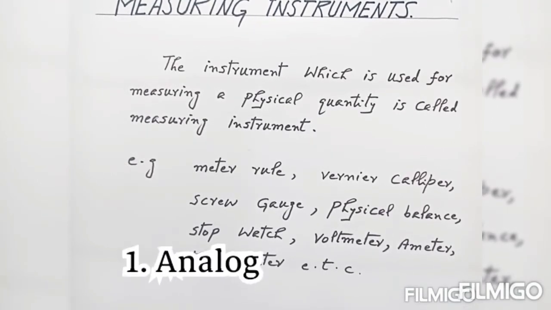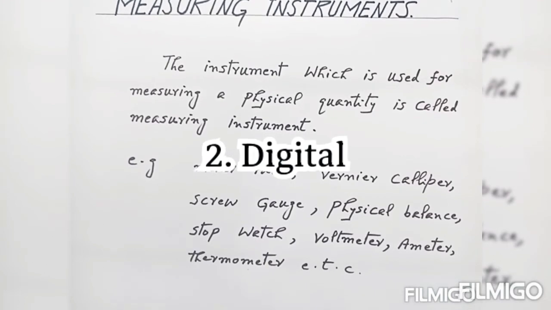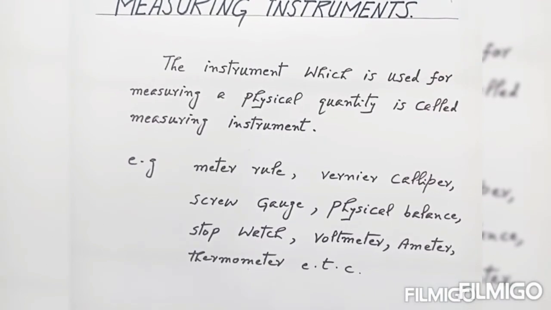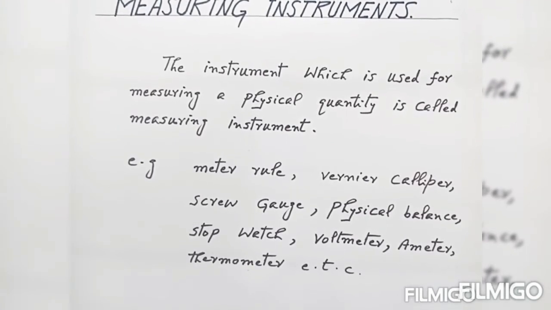Digital instruments are very easy for taking measurements, and digital devices can measure very small quantity. So digital instruments are the modern instruments which are used in laboratory.